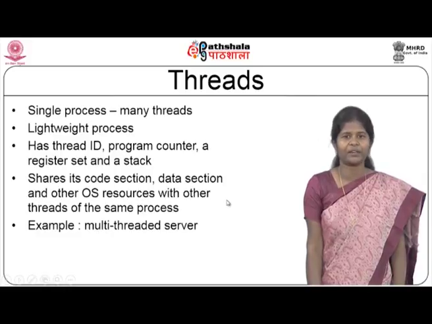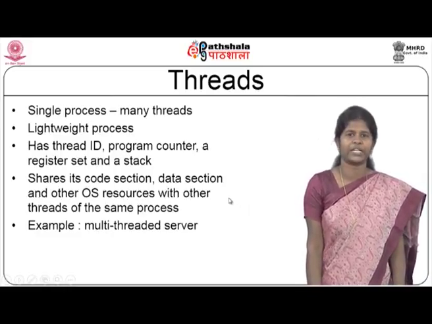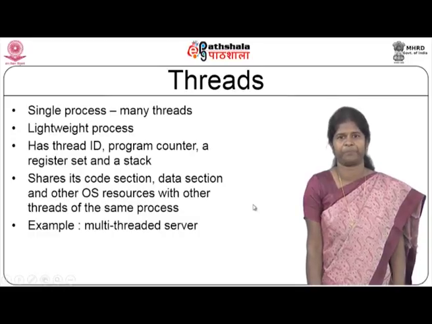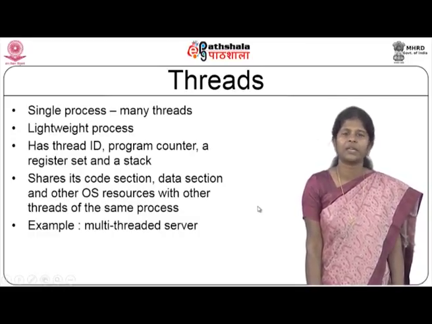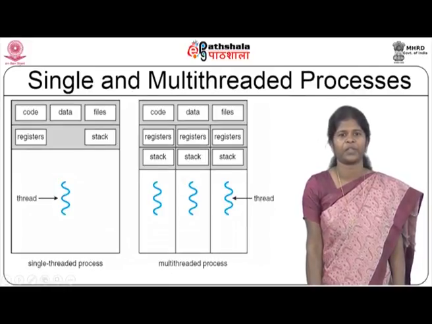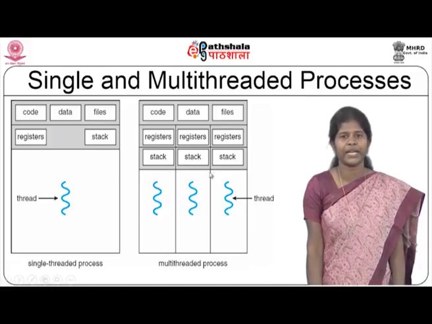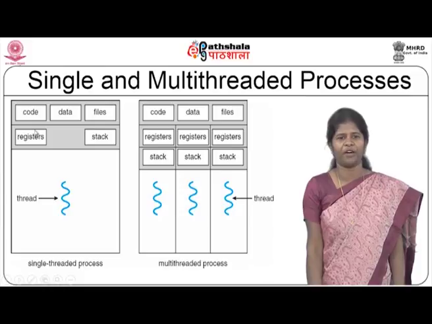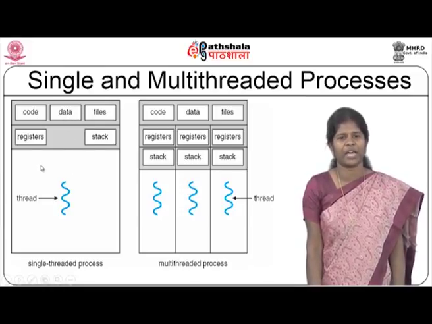Now, rather than creating multiple processes, the multi-threaded server can create multiple threads, and all the threads can run in parallel under the same single server process. So, here you look at how a single threaded and multi-threaded process can look like. Here you have a single threaded process where you have all this code, data, files, stack, registers, etc.